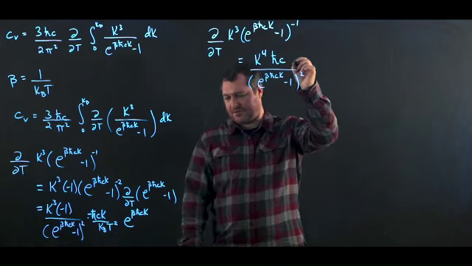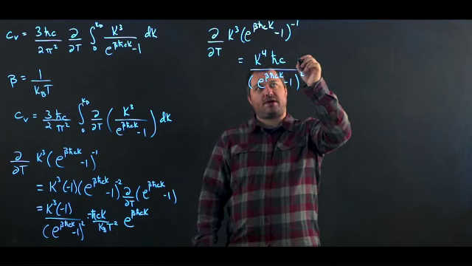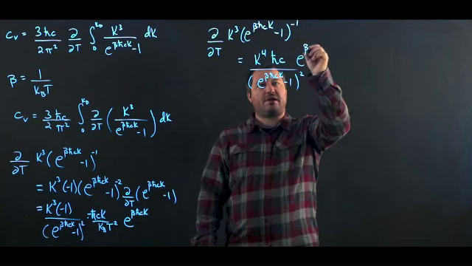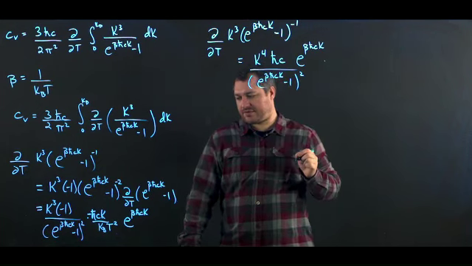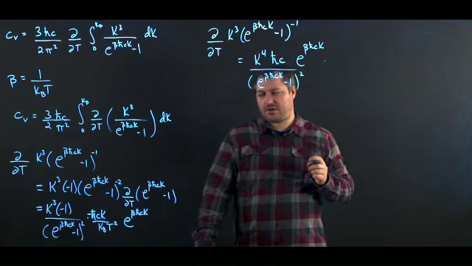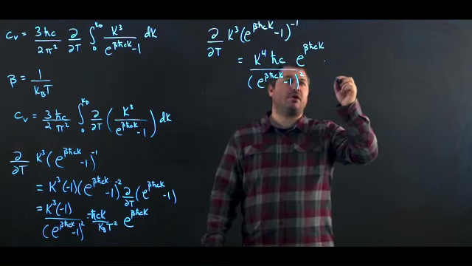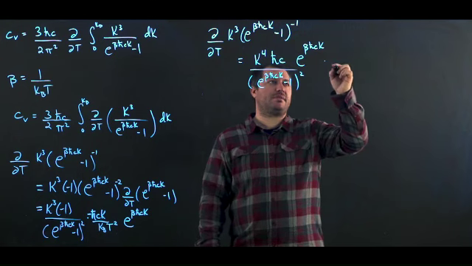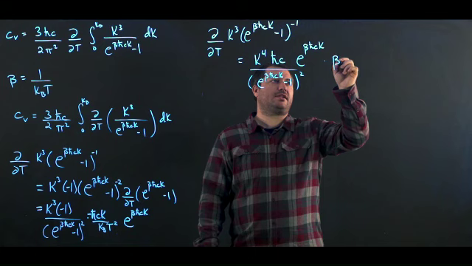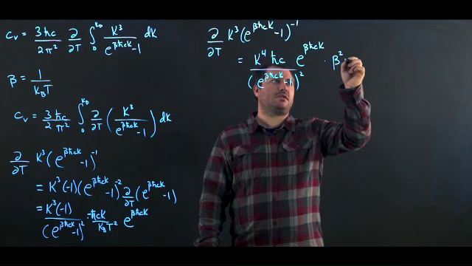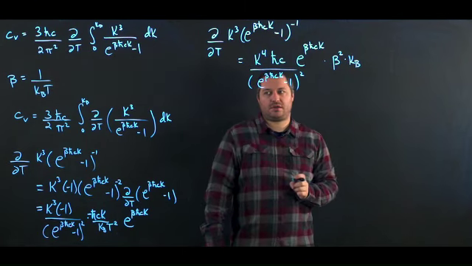I'm going to have my exponential term here, e to the beta h bar ck, and I still have an extra term that is 1 over kb and 1 over t squared. Now if I multiply top and bottom by kb, then I can turn that into a beta squared. So I get beta squared kb.